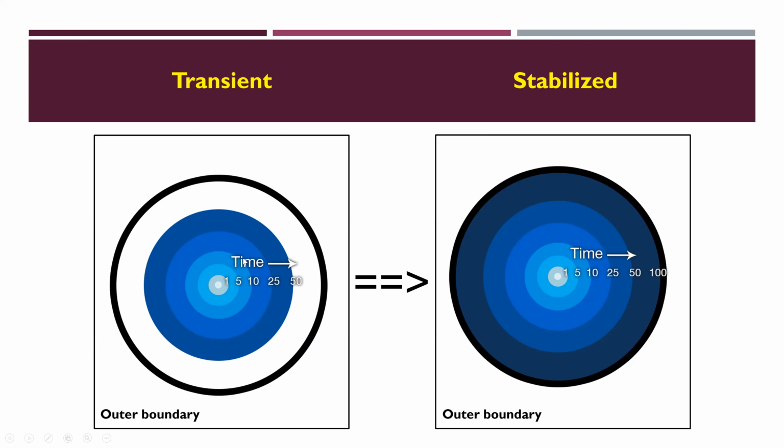This is why we call it infinite acting radial flow. The pressure response is coming from the reservoir itself, and we still haven't hit the outer boundary. In the stabilized one, the pressure response is already reflecting the border we have, the reservoir boundaries.